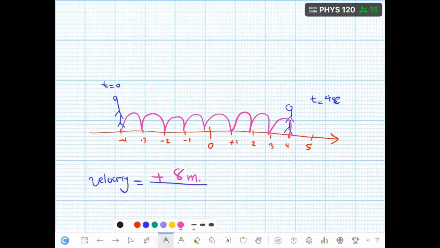Divided by how many seconds? It took 4 seconds. 8 divided by 4 is going to be positive 2 meters per second.